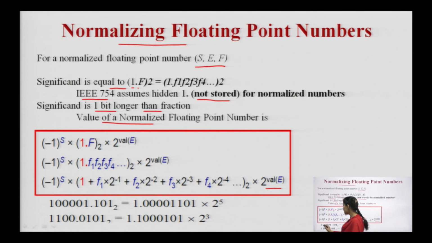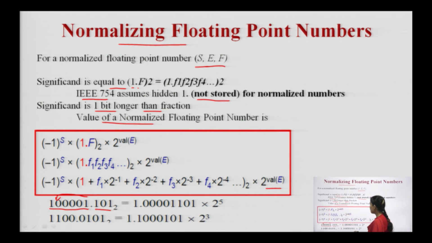Let us consider this example: 100001.101. This is a binary number, so base 2 is written. If I have to do the normalization, then before the decimal there should be only one element and it should be 1. So, my decimal will be shifting 1, 2, 3, 4, 5 places.